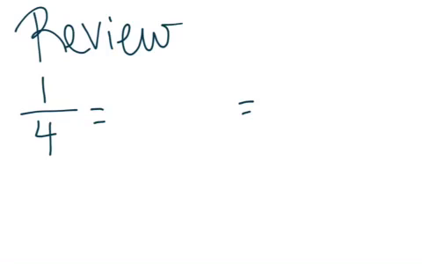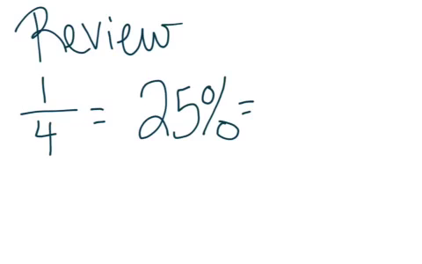A quarter of $1 is 25 cents, so 1/4 is related to 25%, and 25% is 0.25 or 25 hundredths.